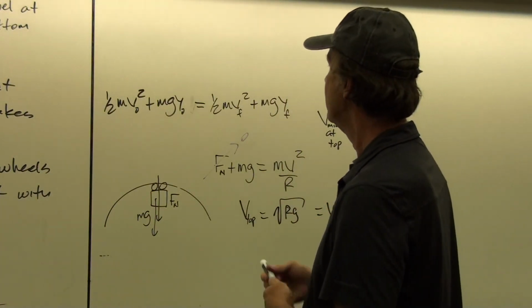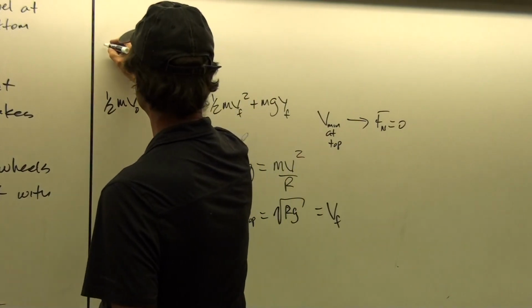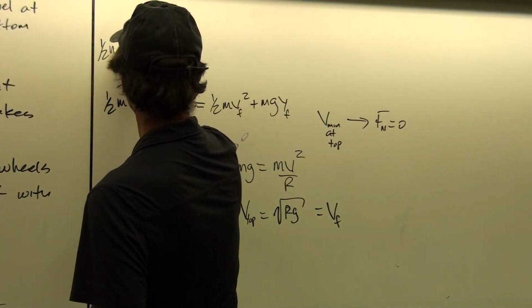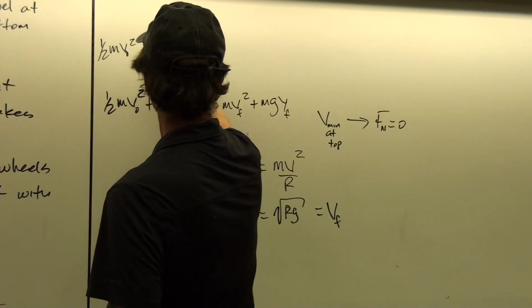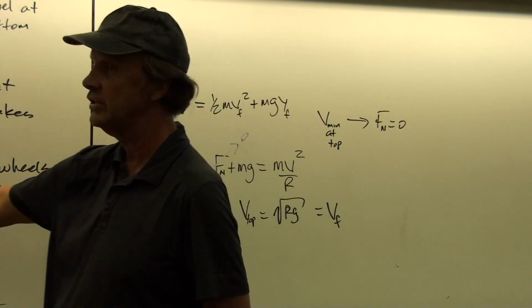Okay? And so what we can do here then is just rewrite the energy equation, 1/2 m v naught squared, plus 0, because there's no potential energy at the bottom.